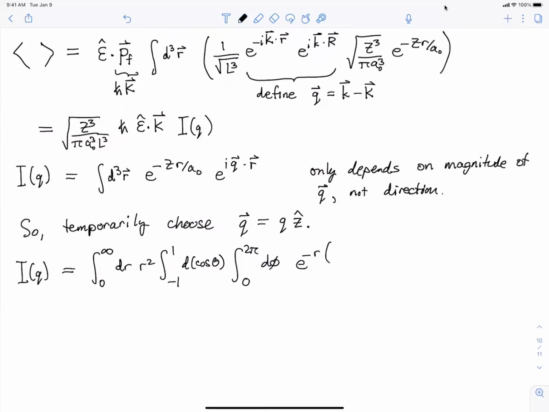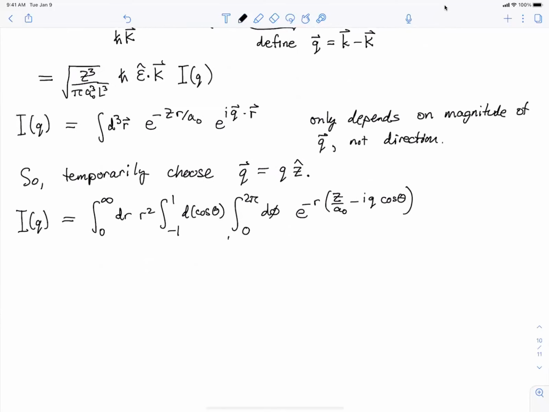And the crucial thing here is it's e to the minus r times stuff, which is going to be a constant as far as the r integral goes, but it's actually dependent on theta. Okay, so that's our integral we have to do.